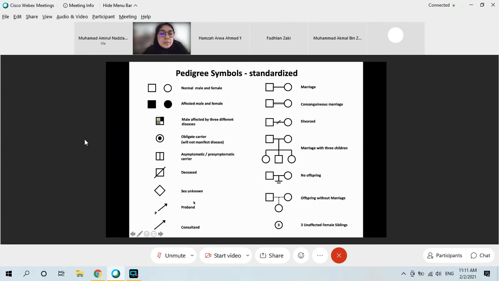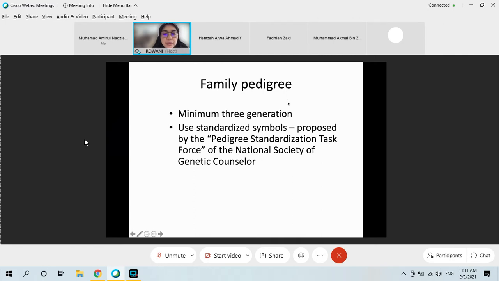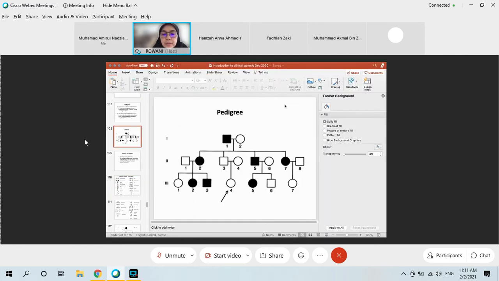So this indicates the proband. A proband is a person within that family. Say we saw the family here. This arrow without P means that this is the person seeking your genetic consultation.